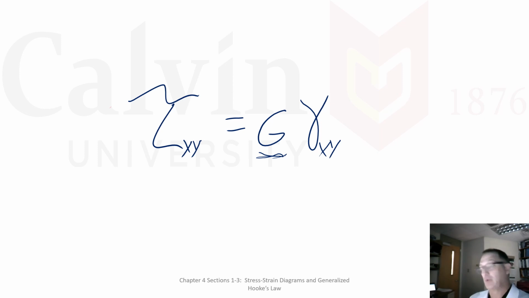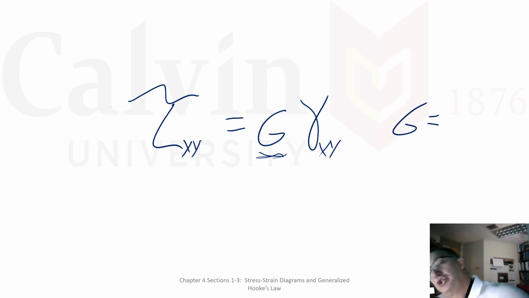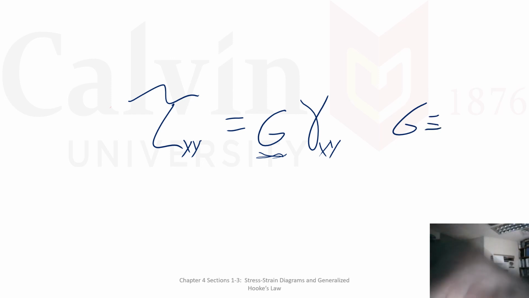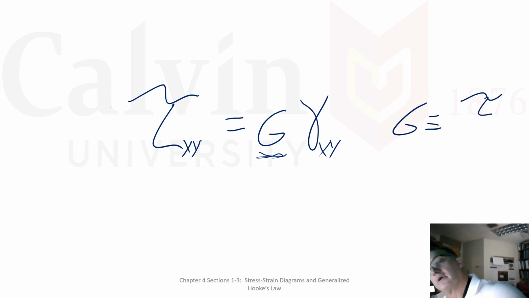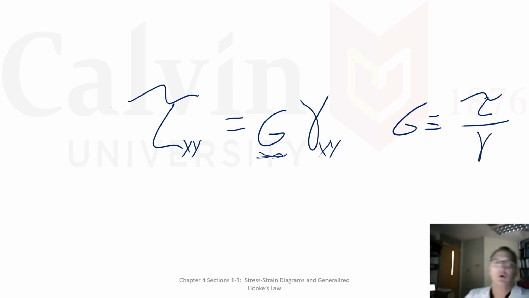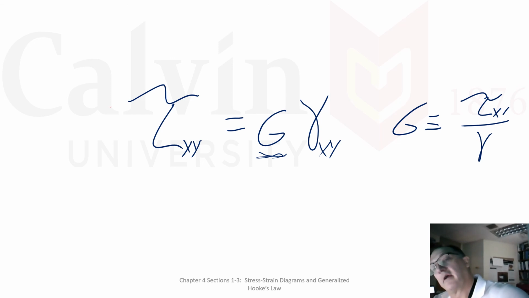It is truly a definition. It should be written as G is defined as tau over gamma, with indices xy, xy.